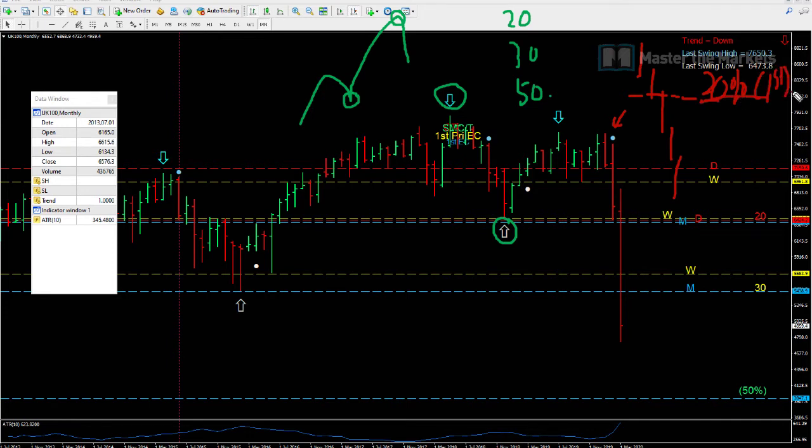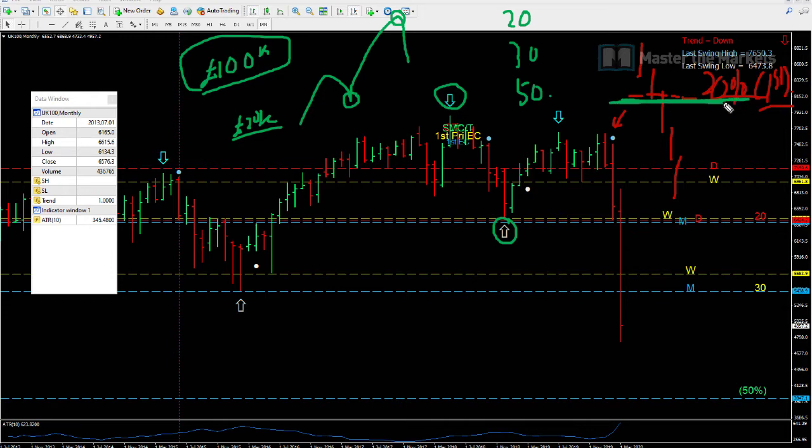For example, imagine you want to invest £100,000 as your total buying capacity. 20% of that, which is 20k, you put into the market when it breaks that 20% level.